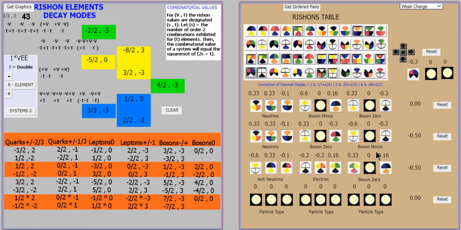The weak charge on the boson minus is -1, which is also consistent with the standard model. And on each of the decay products of the boson minus, the antineutrino, we have a -1/2, and the electron a -1/2, which sums to the weak charge on the boson minus.